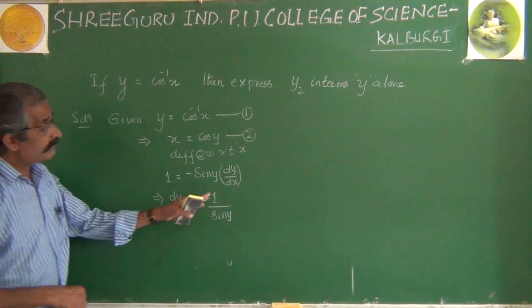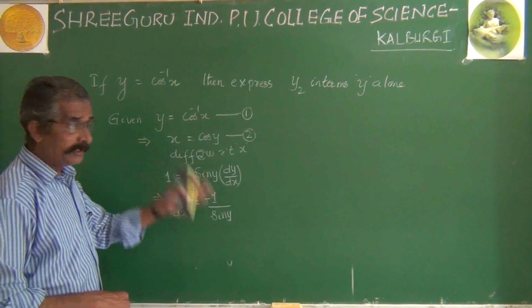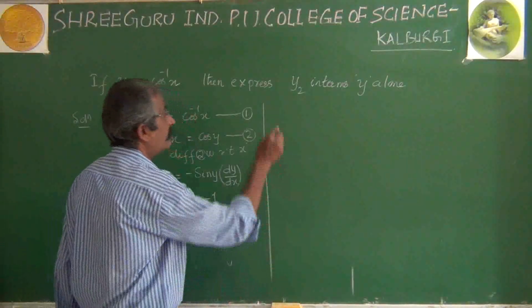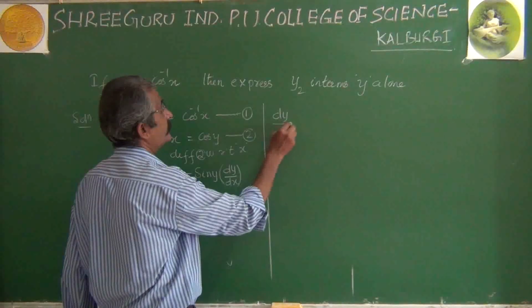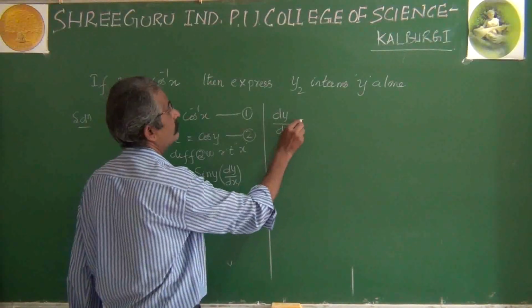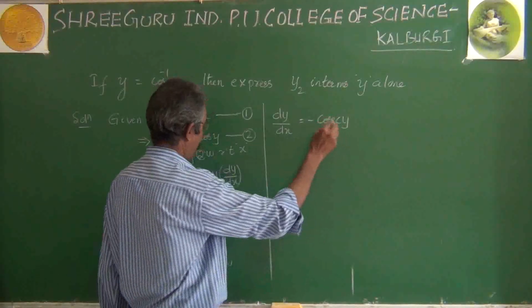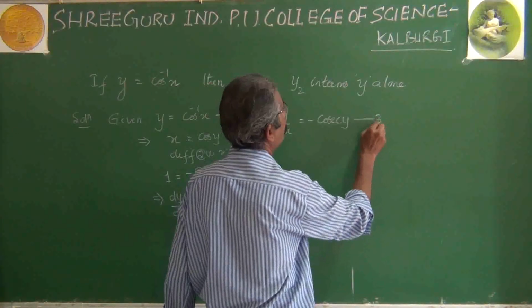Further, 1 divided by sin y is the same as cosec y. Hence, dy by dx equals minus cosec y. Call it equation 3.